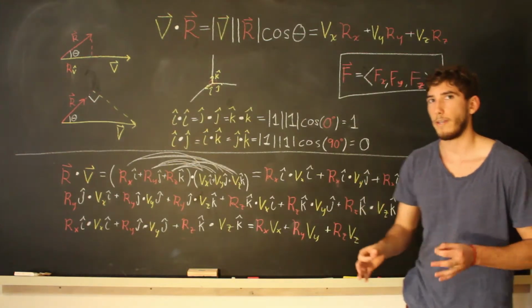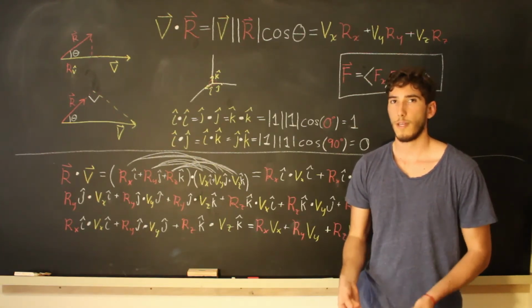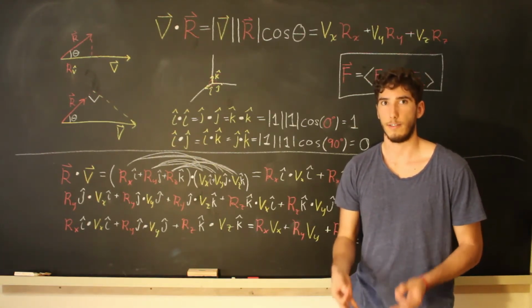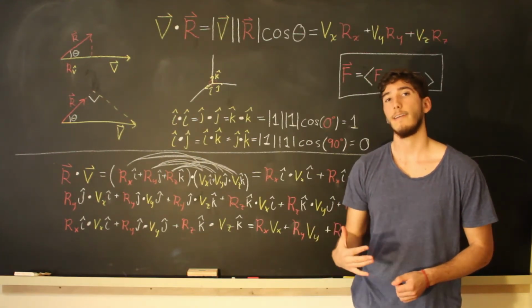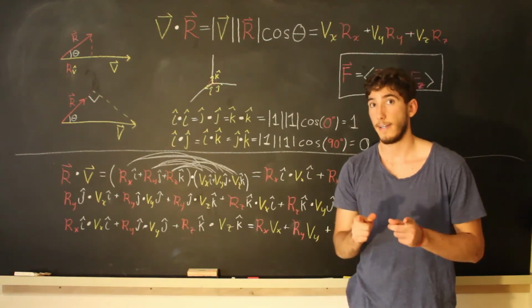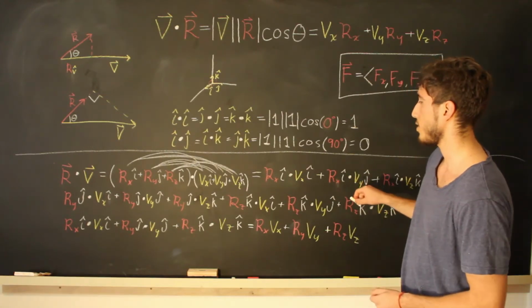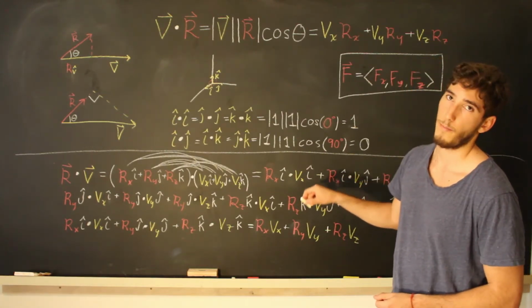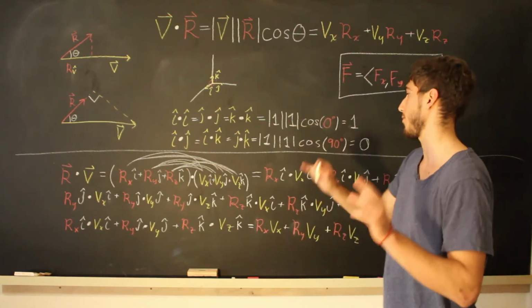But wait, if the vectors are not going in the same direction, don't they necessarily have to be 0, since the angle between them is 90 degrees and cosine of 90 degrees is 0? Yes, they do. So all the terms in which the vectors are not being multiplied by a vector going in the same direction are all going to go to 0.